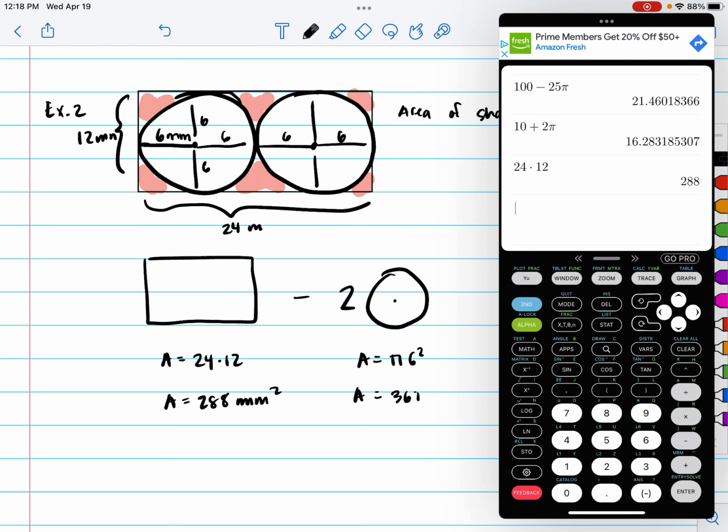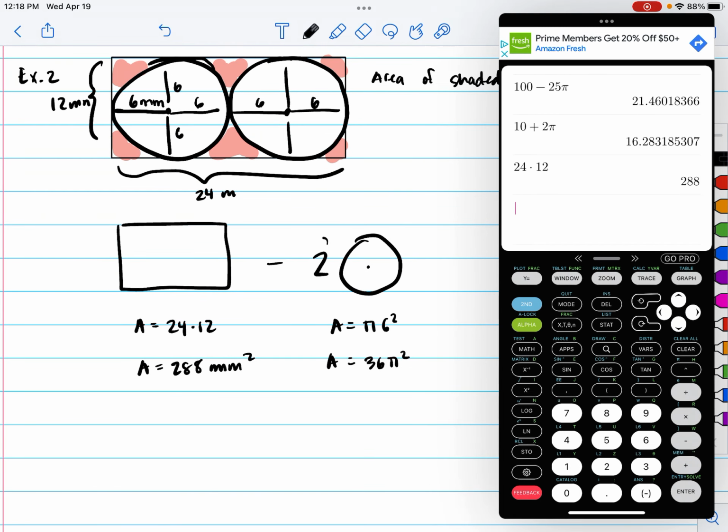Area is equal to 36 pi. But that is only for 1. We need to multiply this by 2, so please don't forget that. So we multiply by 2 for the 2 circles, and we get 72 pi. That's not supposed to be squared; that's supposed to be millimeters squared.